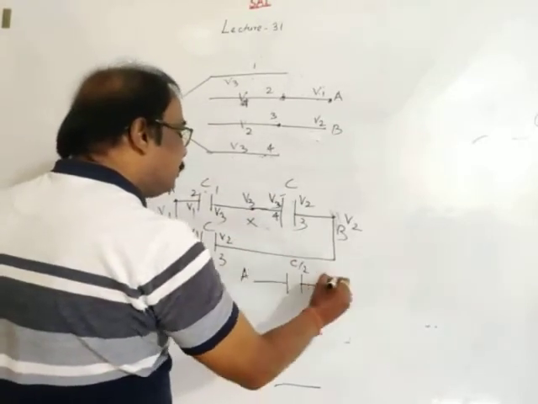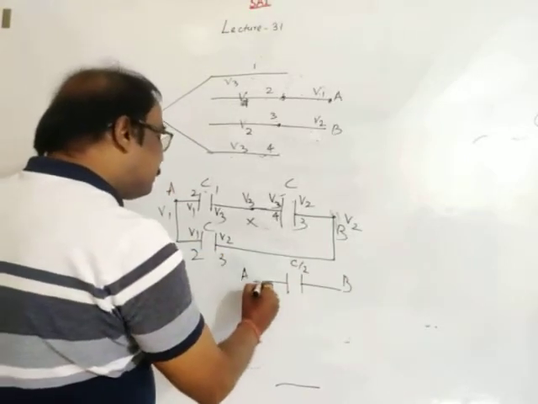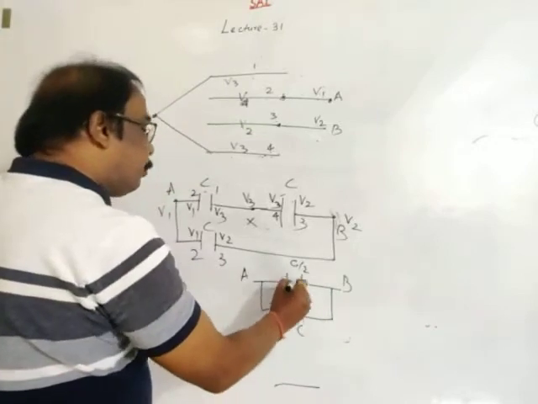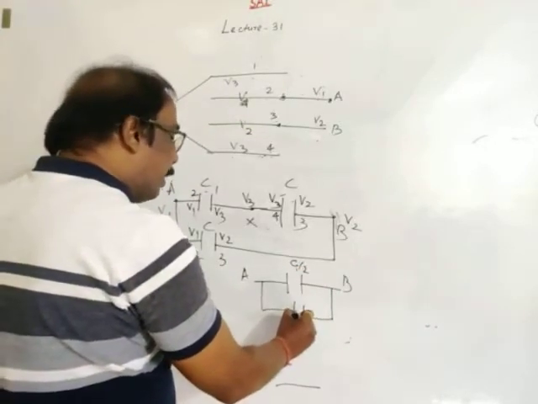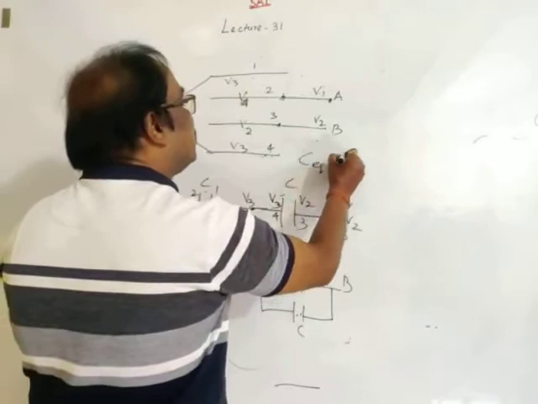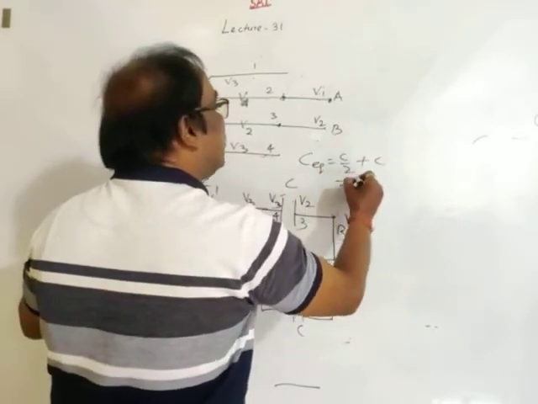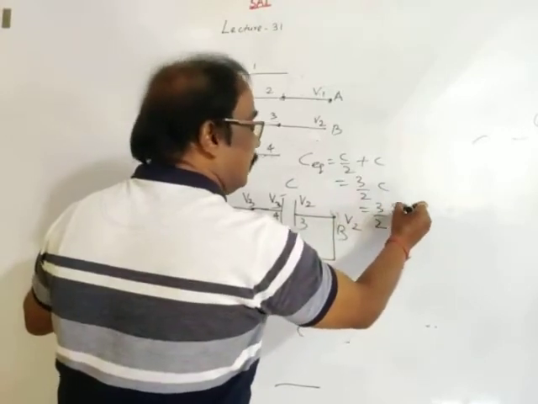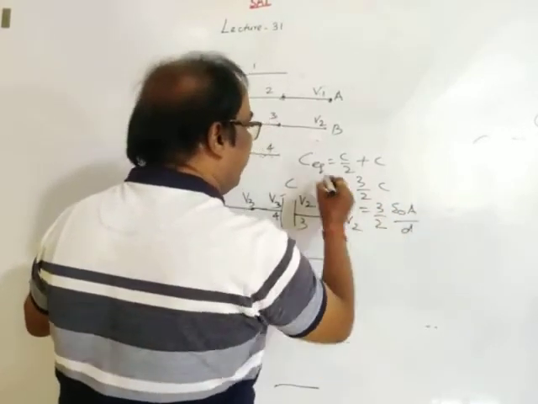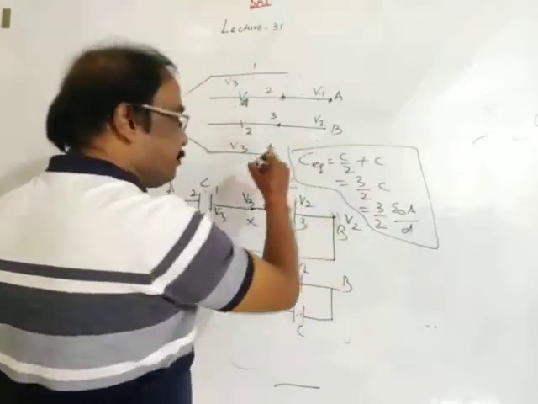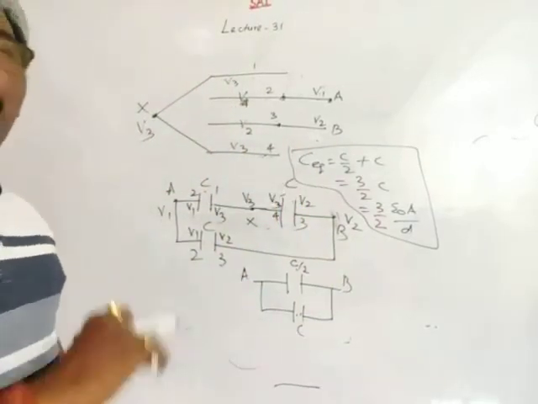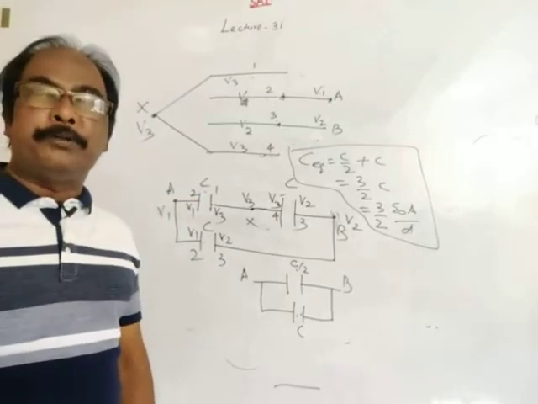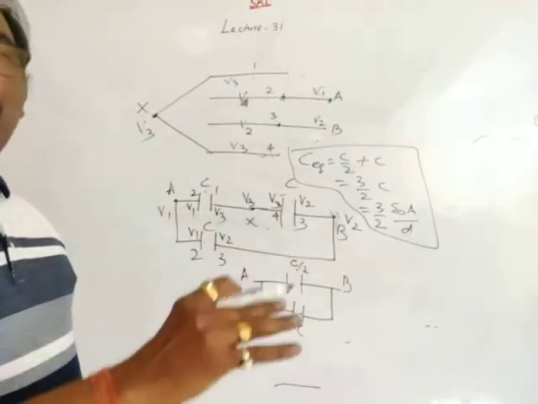This is A, this is B. This capacitance is C, again connected to B. C by 2 and C are in parallel. So equivalent capacitance is C by 2 plus C, that equals 3 by 2 C. You may write 3 by 2 epsilon naught A by D. This is our answer.